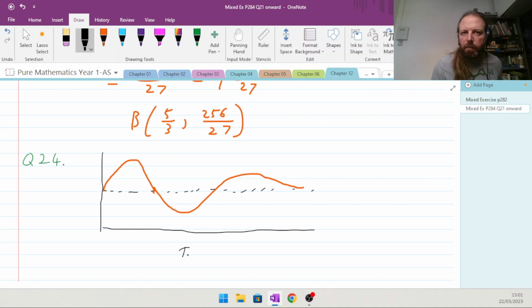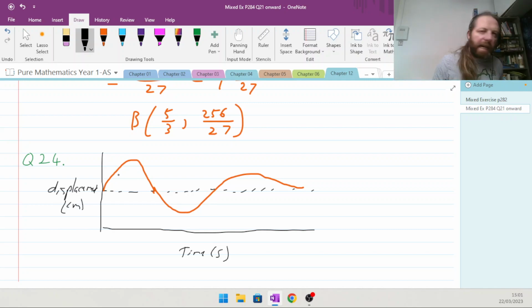So this one is time in seconds. This was displacement in centimeters. And we were told that we had a time here of 0.5, and we were told we have a time here of 1.2, and we were told that we have a time here of 2.1.